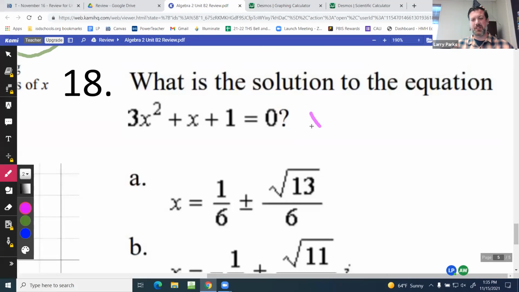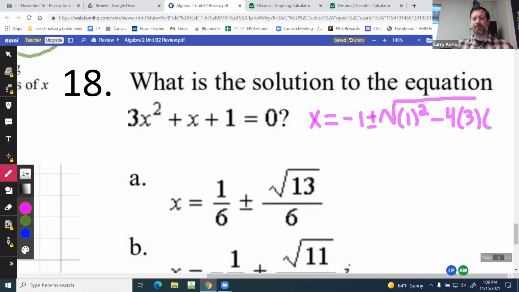So x equals negative b. b is 1, so it'd be negative 1 plus or minus the square root of b, which b is 1, minus 4ac, all over 2 times 3.